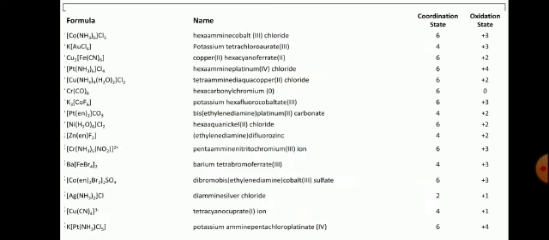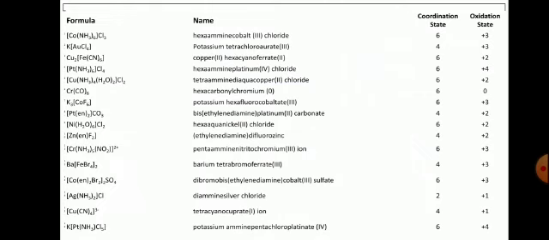One more point that I would like to explain is, if the name of the ligand has a number in it, for example ethylenediamine or EDTA, that is ethylenediaminetetraacetato, then the number of ligands will not be named as diethylenediamine or triethylenediamine.